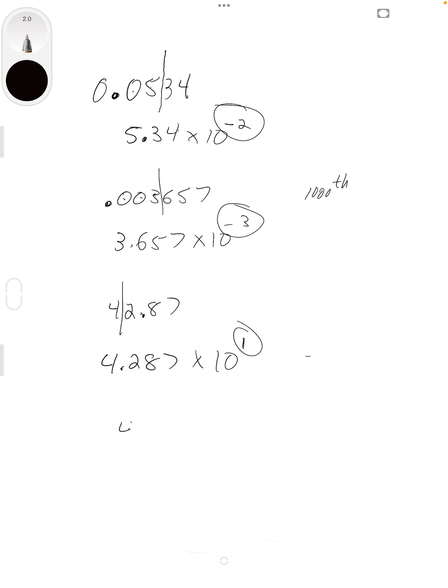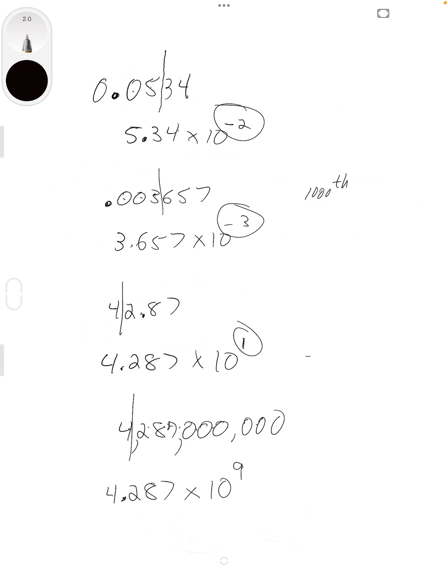So let's say I have 42.87 followed by zeros. I would say it is 4.287, and I keep going until I run out of numbers. And once I get to the zeros, I'm done. Now I just count 1, 2, 3, 4, 5, 6, 7, 8, 9, 10 to the positive 9.